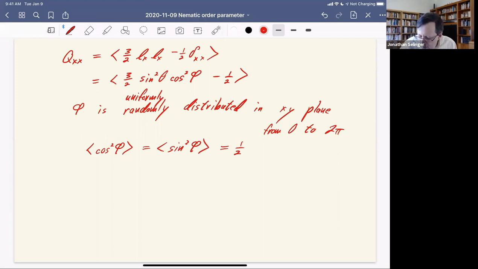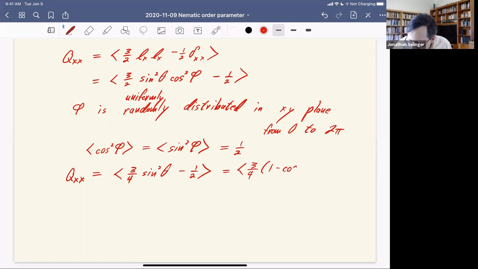So that means QXX is going to be the average of 3/4 sine squared theta minus a half. Now let's use the trig identity that sine squared theta is 1 minus cosine squared theta.